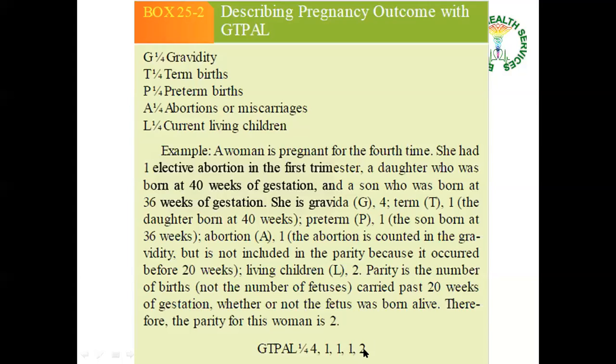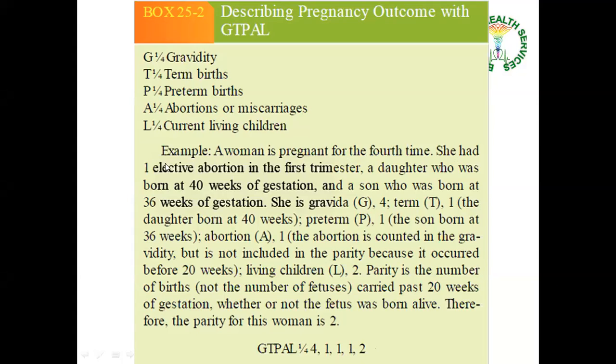And of these 2, 1 was a full term, 1 was a preterm, and 1 is the current, so it is total 4. Let me read the explanation. A woman is pregnant for the 4th time.